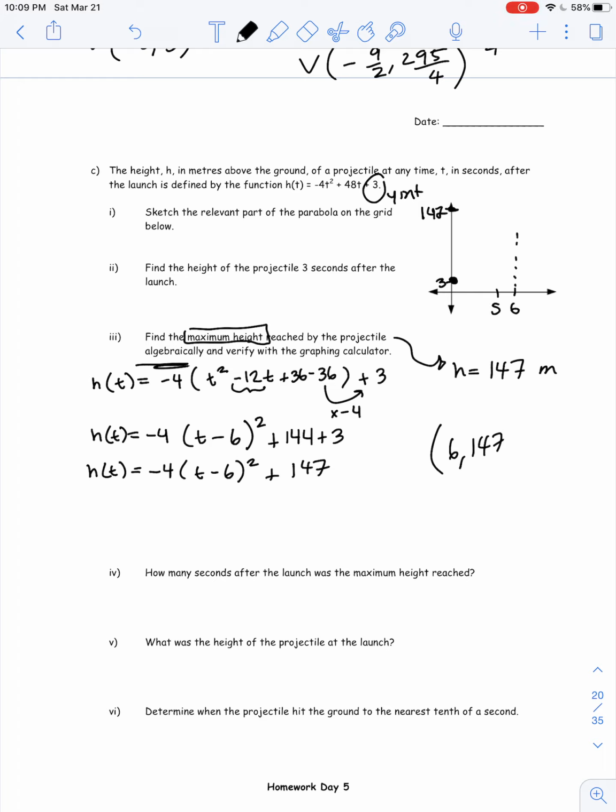Here's 6. And I'm just going to show where it touches. Okay, so that's my vertex. Use that information to plot that point.